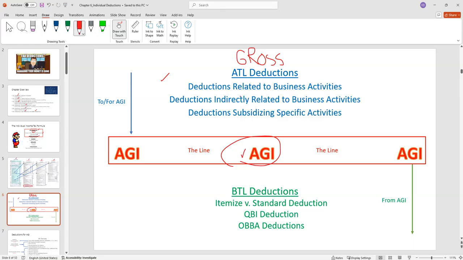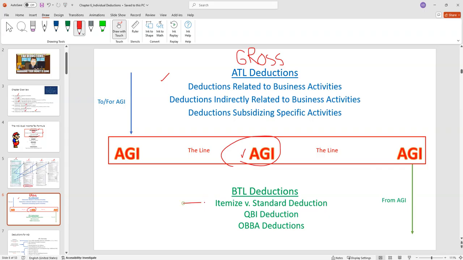We will see, with regard to above the line deductions, there's kind of 3 categories you can put them in: business, indirect business, and then a lot of them tend to more recently be subsidizing specific activities. If we want to accomplish a certain goal in society, we'll give you an above the line deduction to encourage that activity. Once we land at our AGI, then we start to look at our below the line deductions.